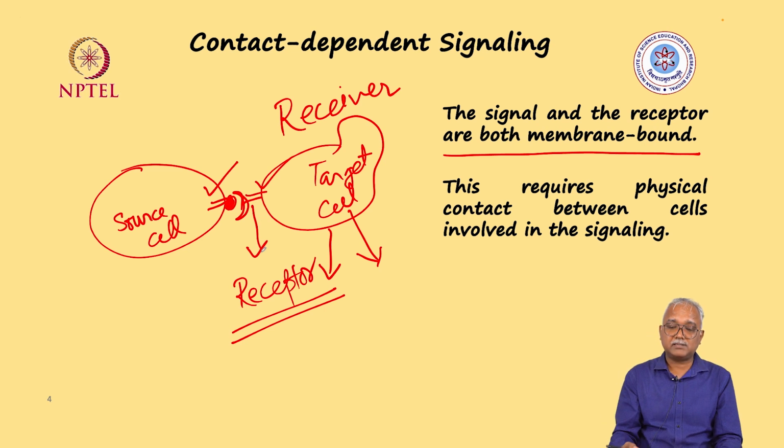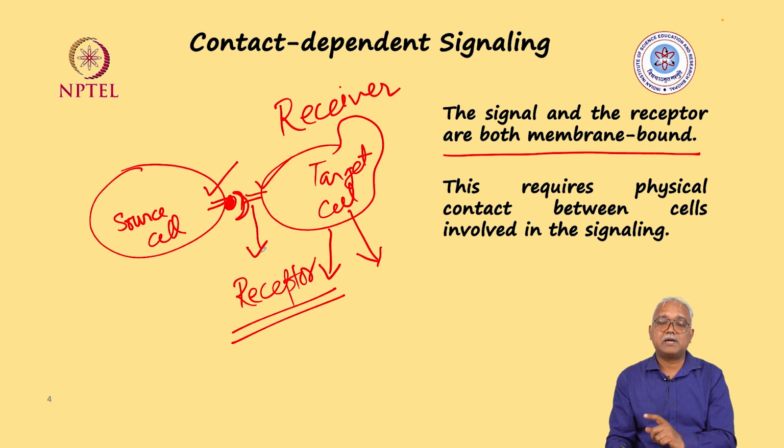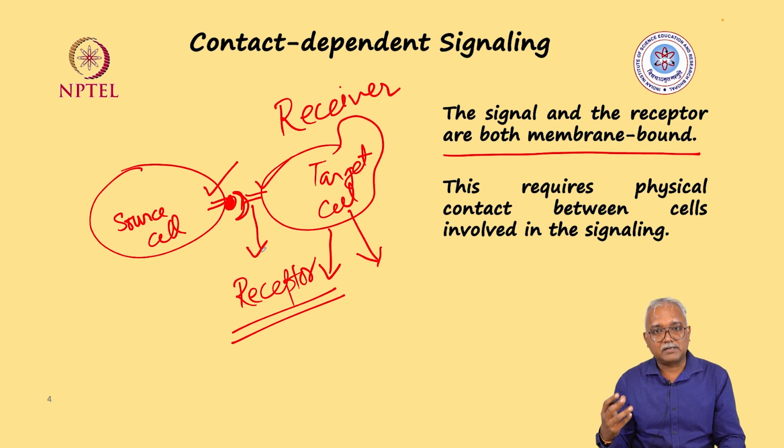But in some cases, we will see later that both cells which are part of this contact dependent signaling are simultaneously undergoing the signaling and showing the consequences of signaling. Normally, when the cell producing the signal, the transmitter cell or source cell, is located a little far away from the target cell, only the target cell bearing the receptor shows the signaling.